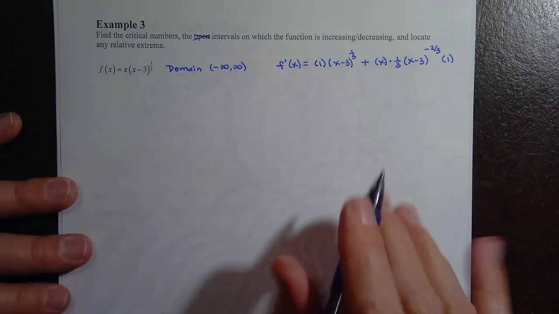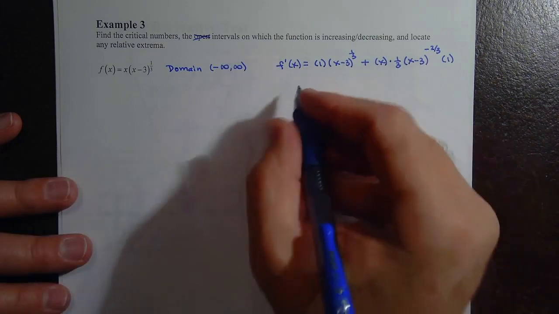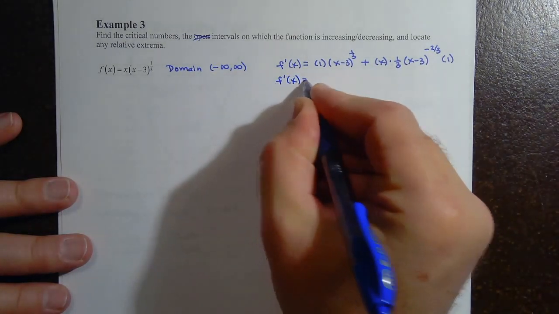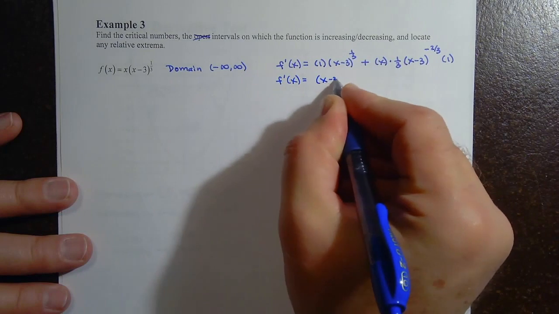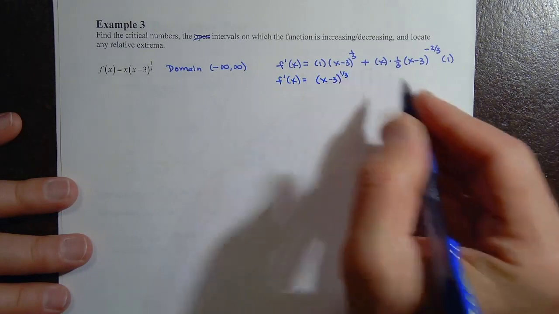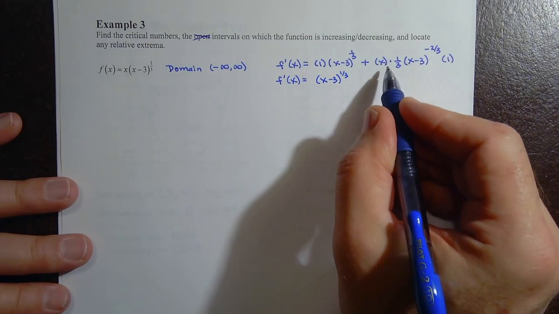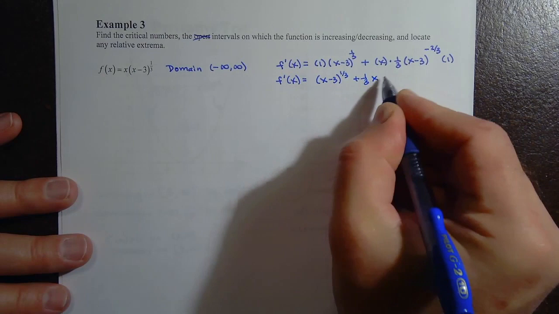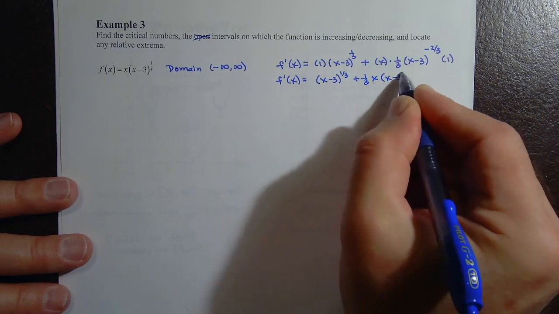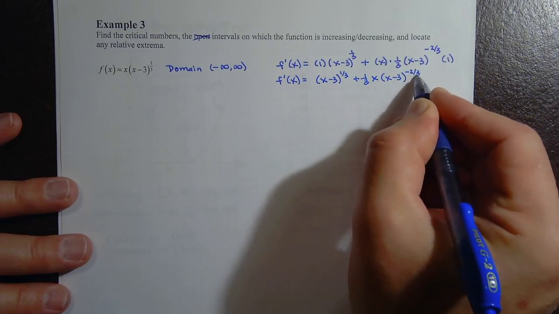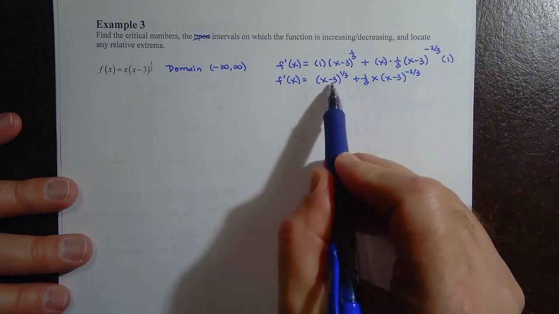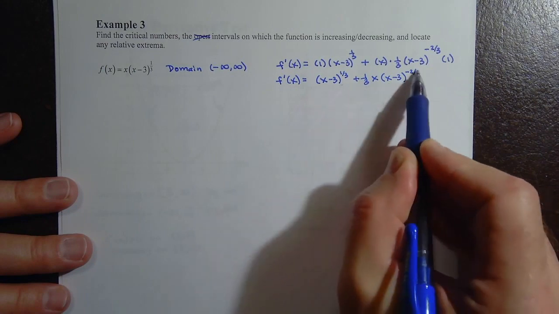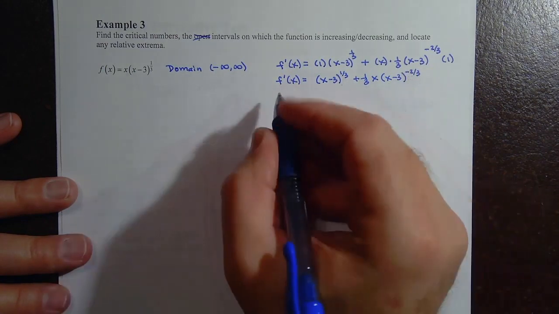So f prime of x is equal to (x minus 3) to the 1/3 power plus 1/3 x times (x minus 3) to the -2/3 power. What they have in common is this x minus 3, in these two terms, and the smallest power is -2/3, so that's the one we can factor out.